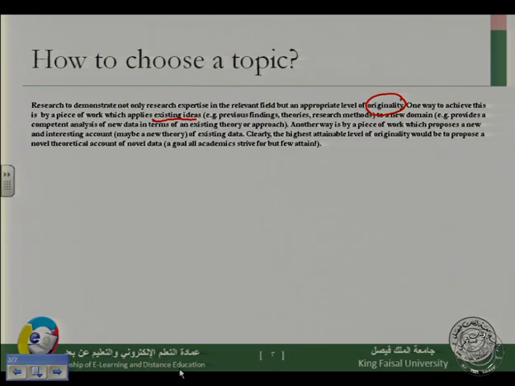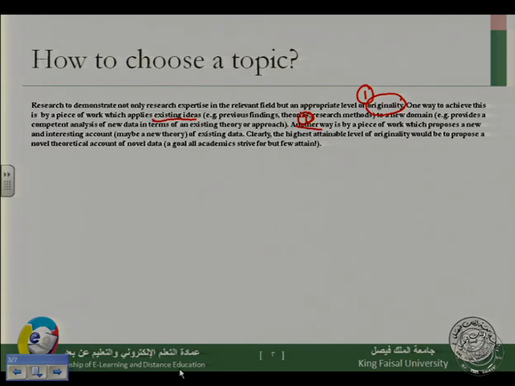Another way here, number 2, that was number 1. Another way is by a piece of work which proposes a new, novel theoretical account of novel data, a goal all academics strive for but few attain. What does that mean? This is harder than before. Another way is trying to find something novel, something very, very new.